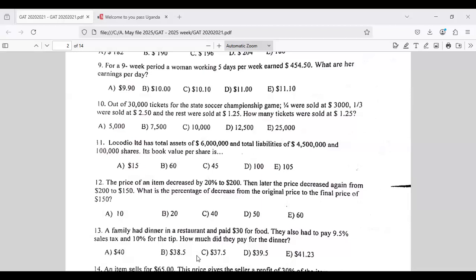Then the question is, how many tickets were sold at $1.25? So that is the question we have over there.